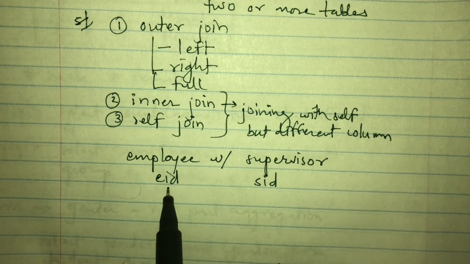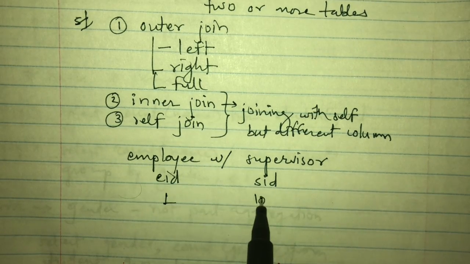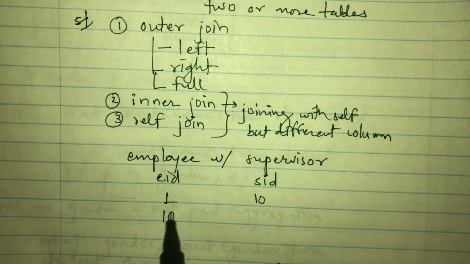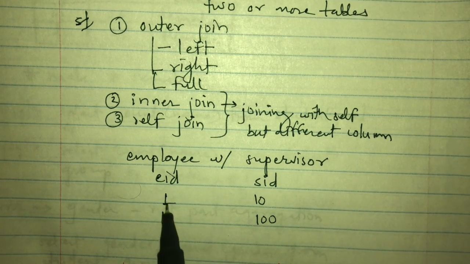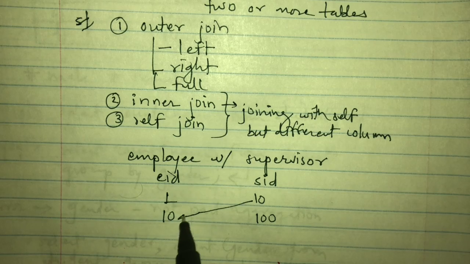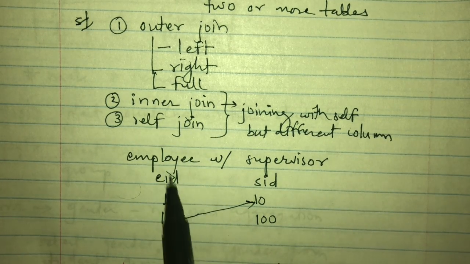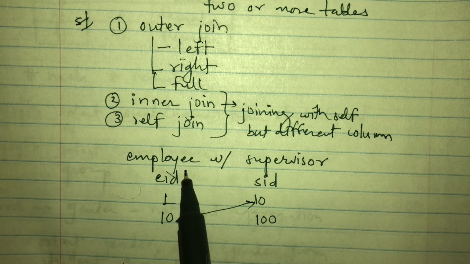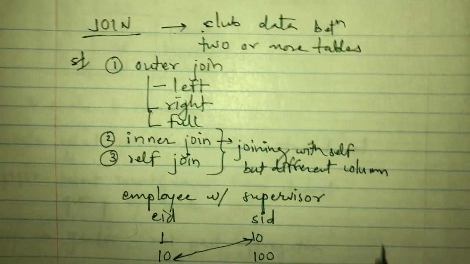So EID is 1 and supervisor ID is 10, but his supervisor will also have his own supervisor, right? So you see this ID is part of both EID and SID. So with the help of self join or inner join, you can find the supervisors who are themselves employees, but they are supervising other employees too.